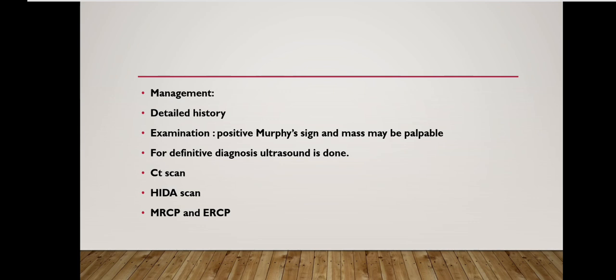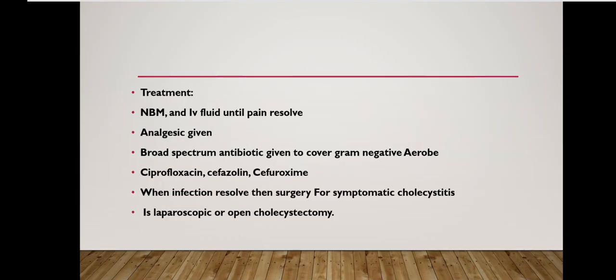We can remove the stone, we can insert a stent, and we can also take a biopsy in case of any hepatocellular carcinoma or cholangiocarcinoma. This is the last option. We are not going to do it in acute cholecystitis, but if we are suspecting a stone in the common bile duct as well, then we can do ERCP.